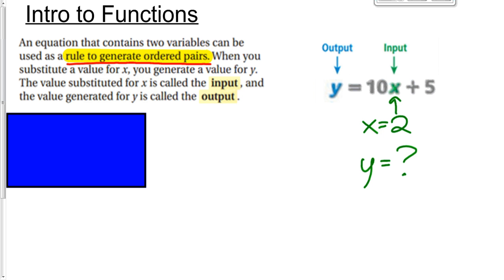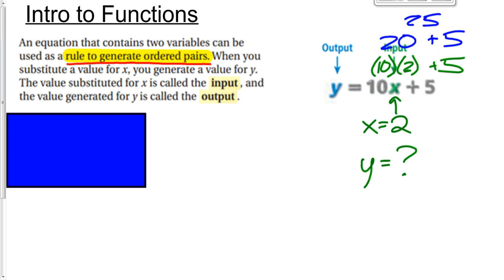So I'm going to have 10 times 2 plus 5. And then we use the order of operations to solve that. So 10 times 2 is 20, multiplication first, and then we add on 5 and we get 25. Okay. So when x is 2, we get an output of 25. And that's what we can do with functions.